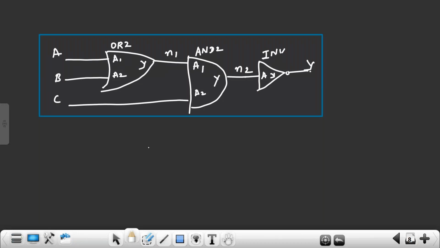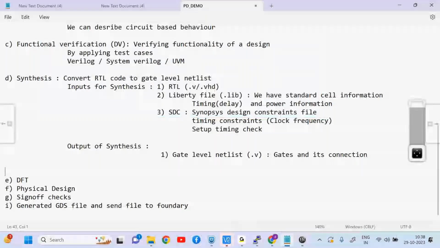Yes, we can generate a GTech netlist. GTech means within the synthesis tool only we have one more library file that is called a synthetic library file. This library file is a technology dependent library file, which I am giving externally. The synthesis tool itself comes with one internal library file, all synthesis tools will have it.